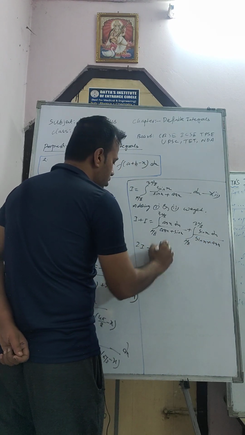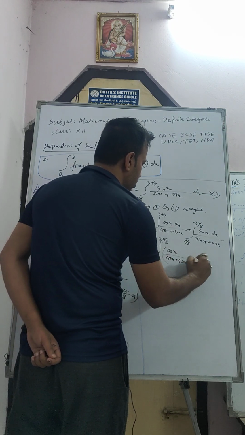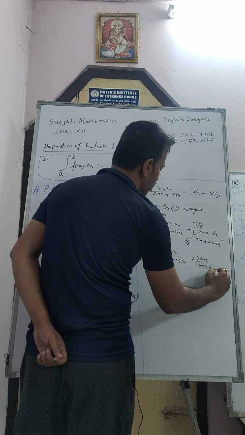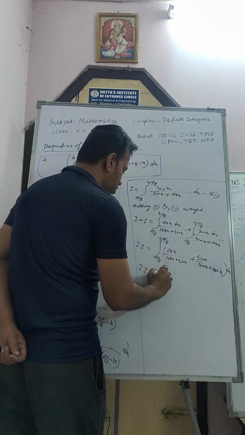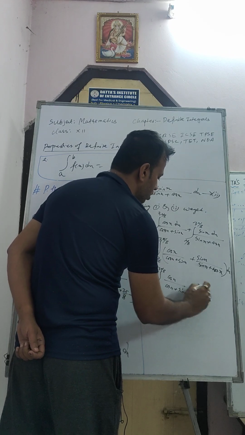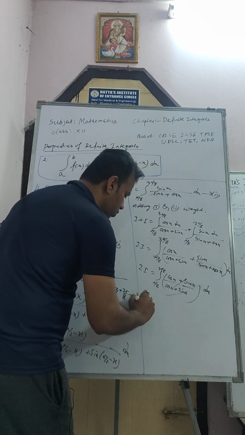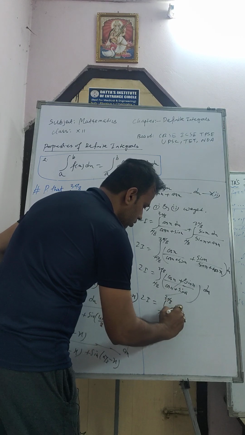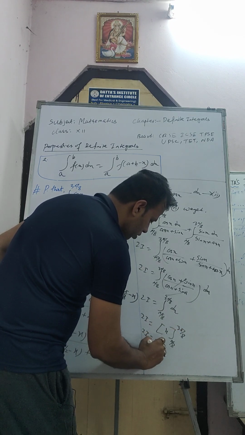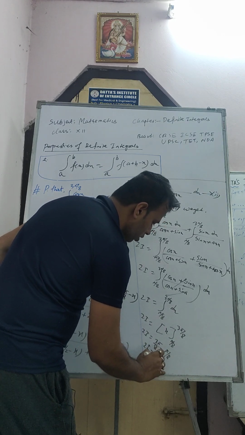Now if I take the integral from pi by 8 to 3 pi by 8 as common, here cos x by (cos x plus sin x) and here sin x by (sin x plus cos x). After taking the LCM, the numerator is cos x plus sin x, so this part and this part cancel out, and it becomes 2I equals the integral from pi by 8 to 3 pi by 8 of dx. So 2I equals 3 pi by 8 minus pi by 8, 2I equals 2 pi by 8.